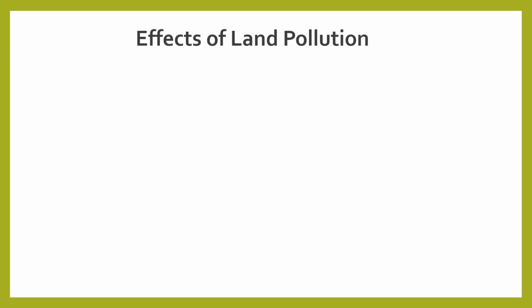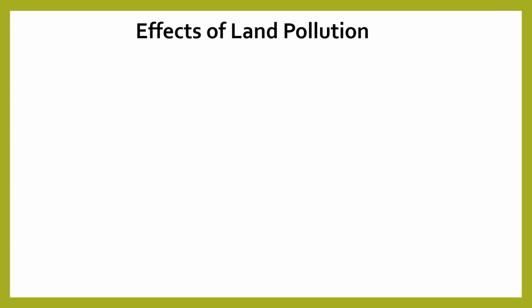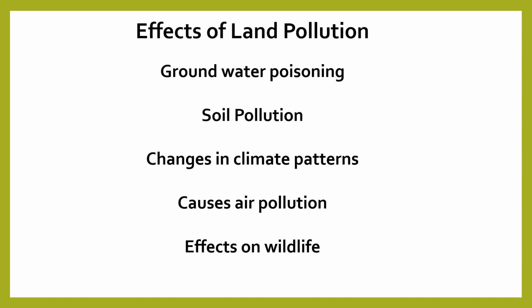Next one, land pollution. What are the effects of land pollution? Well, one, groundwater poisoning. A lot of times people dispose of containers that once contained harmful chemicals, or even improperly used chemicals that will seep through the soil and go all the way down into our underground water supply, and that can poison our water storage.